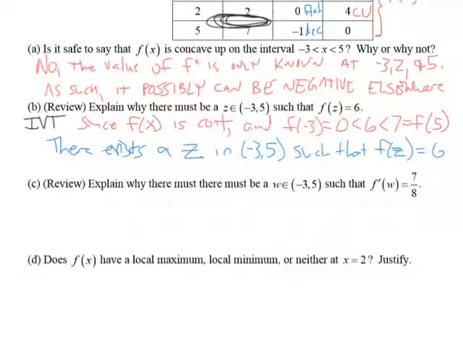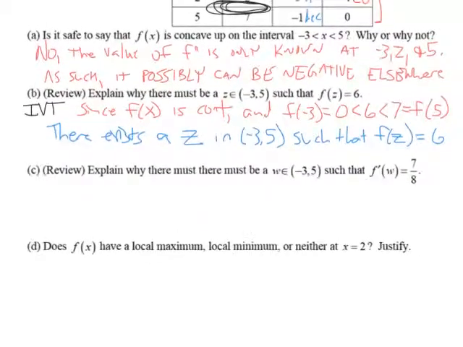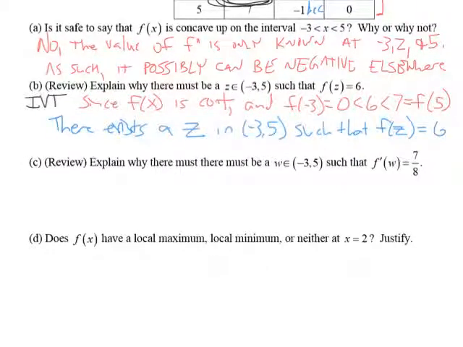Part C. Explain why there must be a number w such that f prime of w is equal to 7/8. So this is reviewing the mean value theorem. If we find the average slope from -3 to 5, we'll do f of 5 minus f of -3 over 5 minus -3.